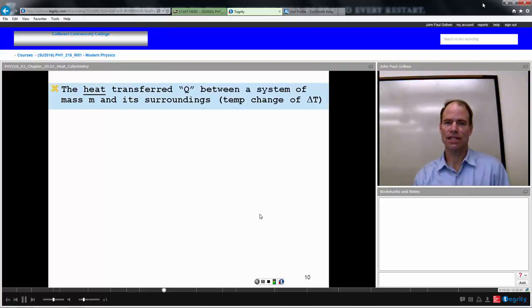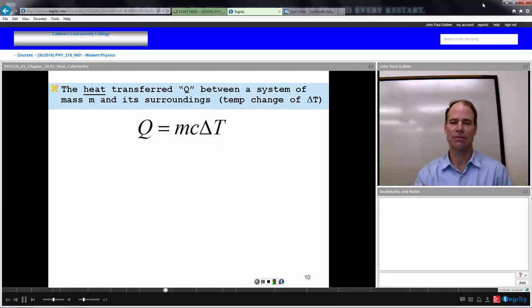The heat transfer, Q, between a system and its surroundings, based on this definition of specific heat, can then be written as mass times specific heat times the change in temperature. All we did was rearrange that last definition.